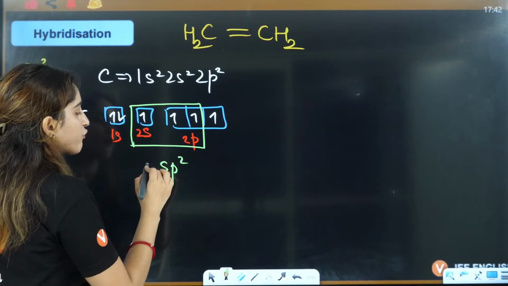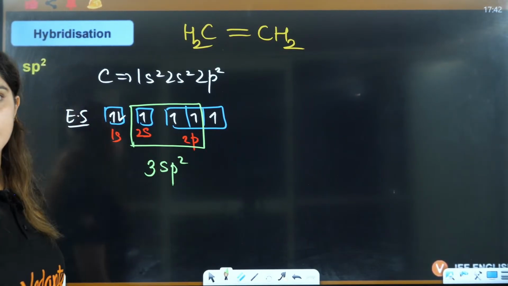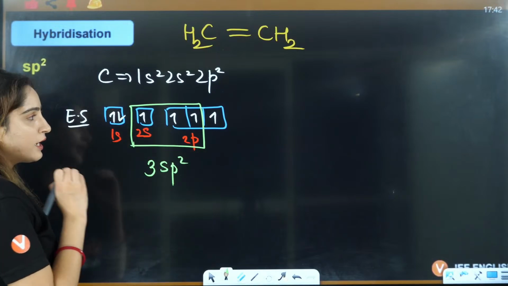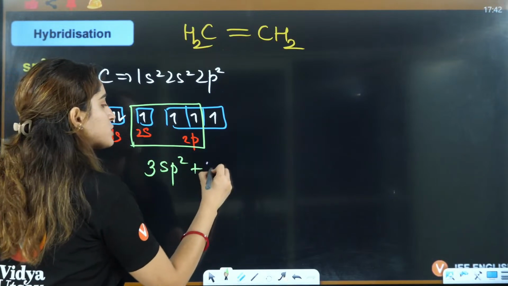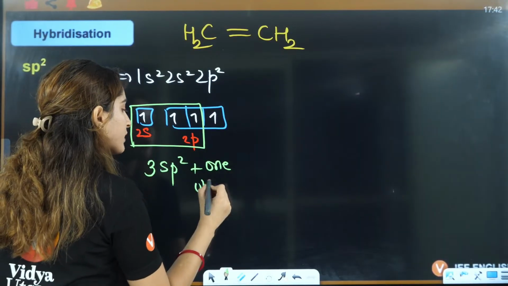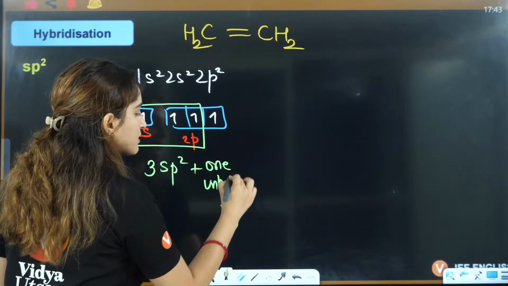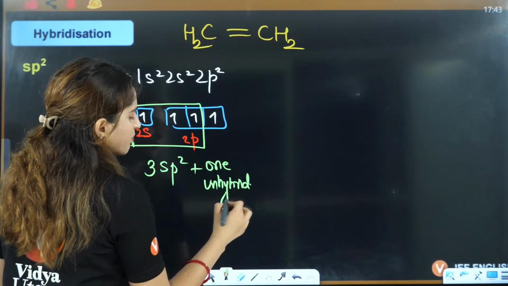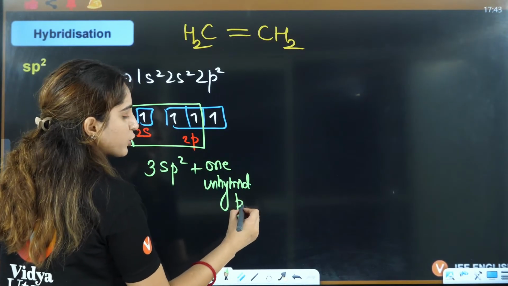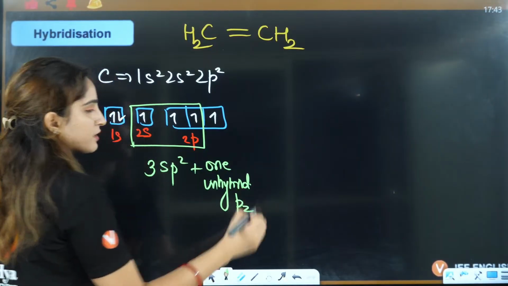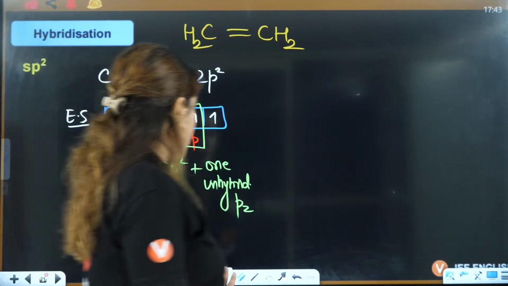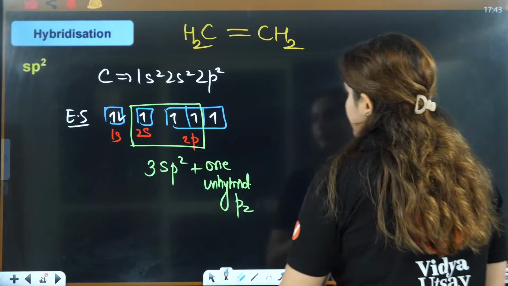It is going to form 3 sp2 orbitals, plus 1 unhybridized pz, or py, anything you can write. I am writing, let's say, pz. You just need to have a sideways overlapping.